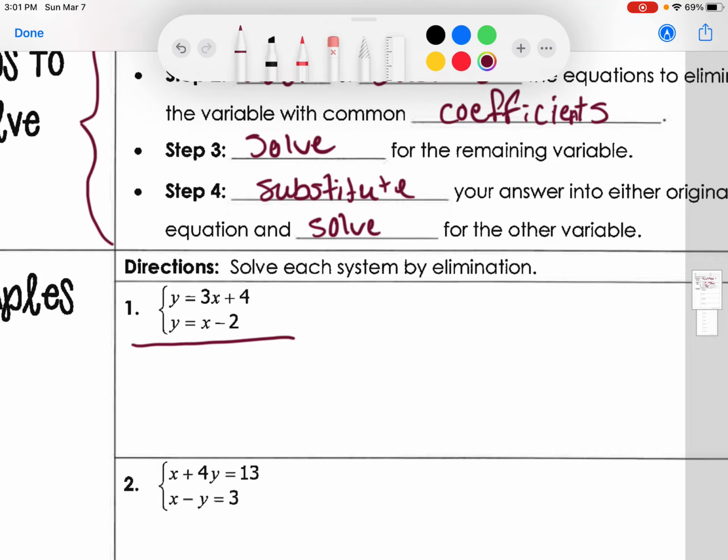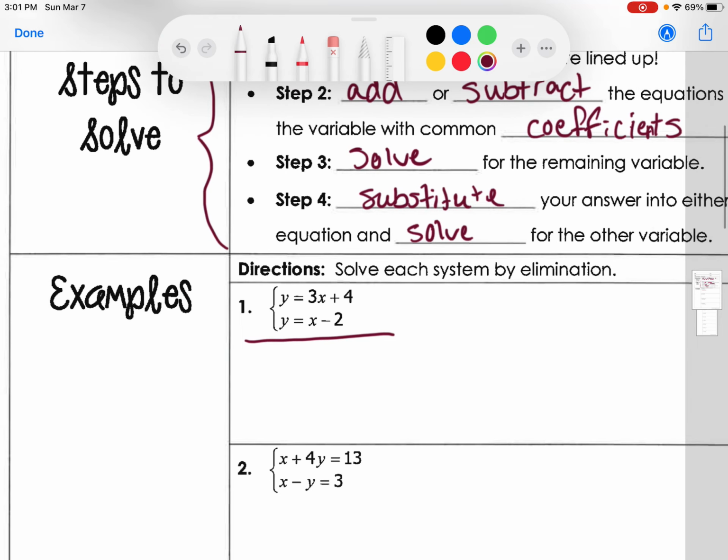Now, our next step is we have to decide if we're going to add or subtract. The way we do this is if we have 2 variables that are exactly the same, we're going to subtract. If we have 2 variables that have the same coefficient, but one is positive and one is negative, then we will add.